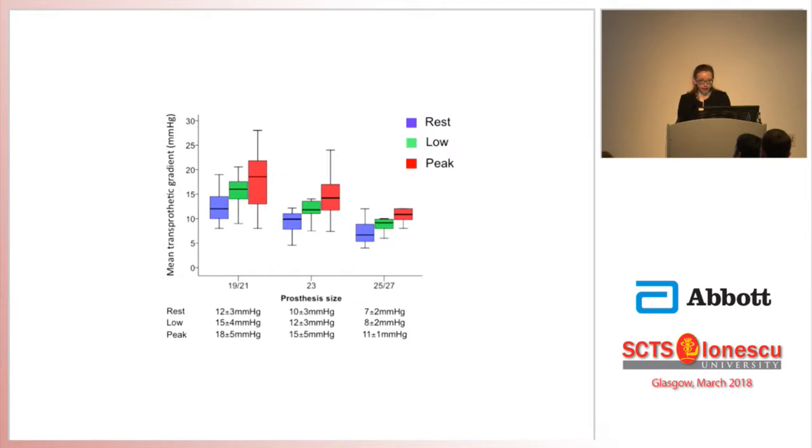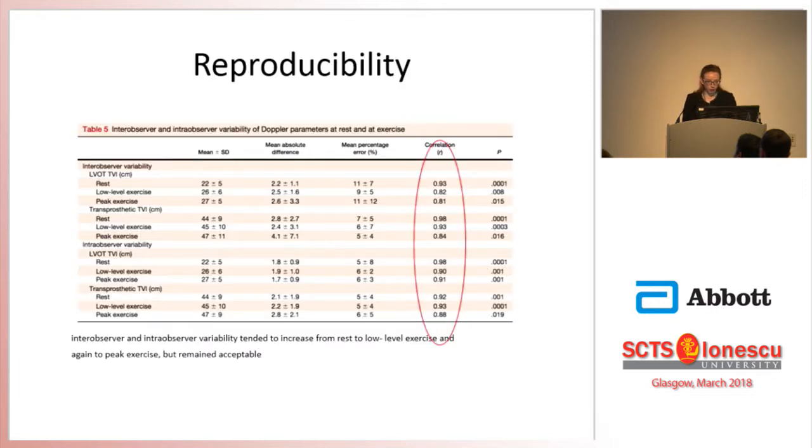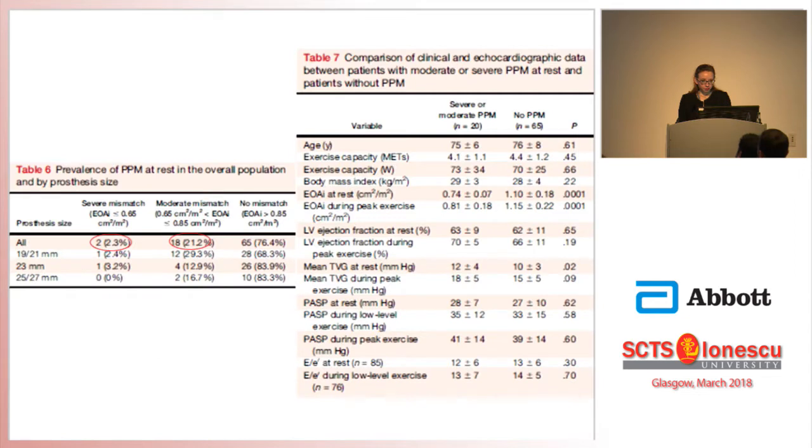And this is the evolution of the mean transprosthetic gradient from rest to exercise according to the prosthetic valvular size. Inter- and intra-observer variability was very good at rest. It increases a little bit at exercise, but still remains low and acceptable.